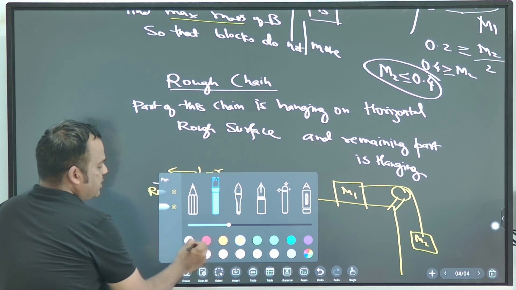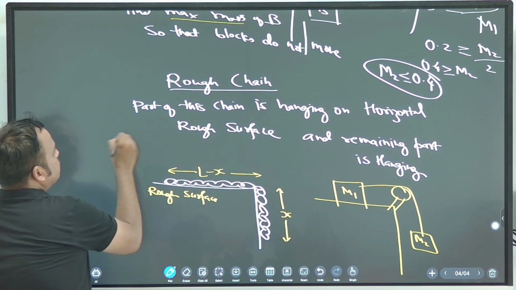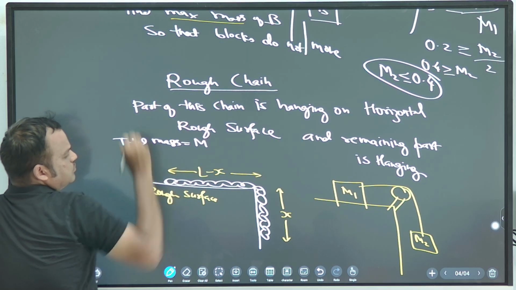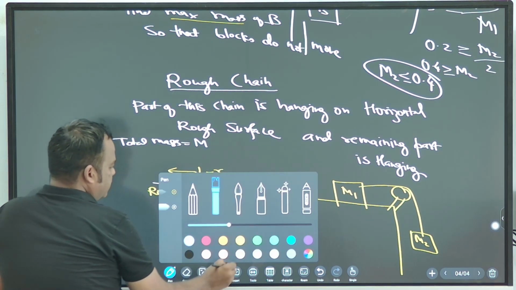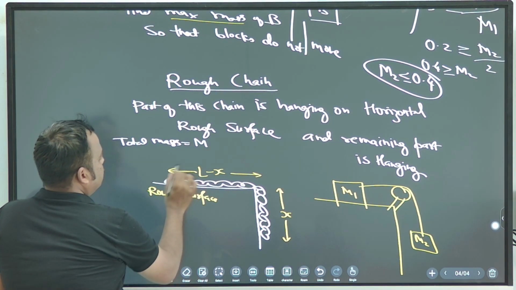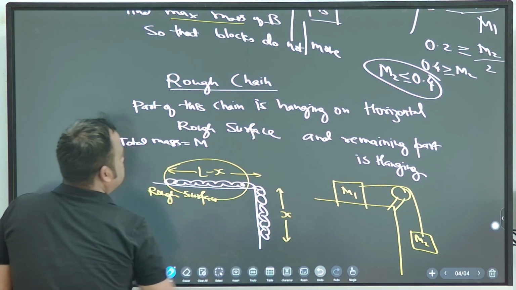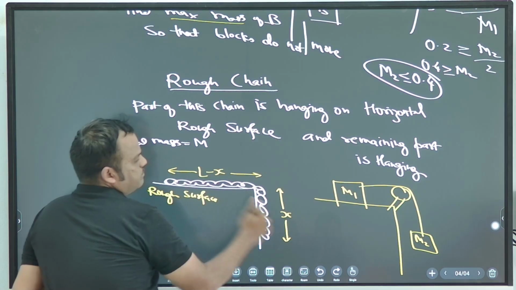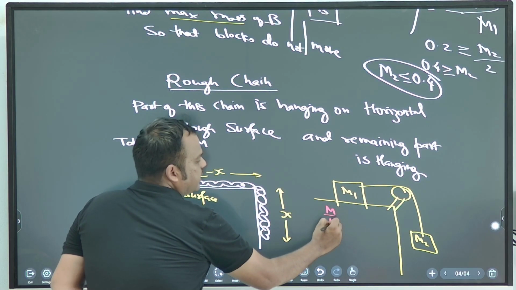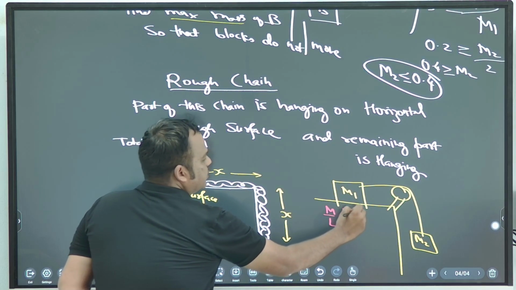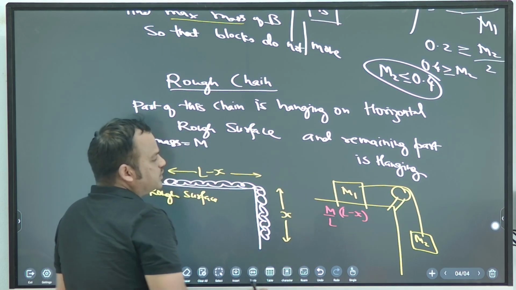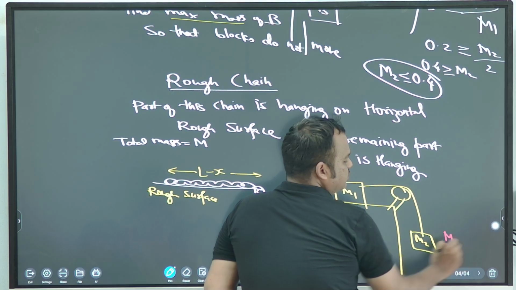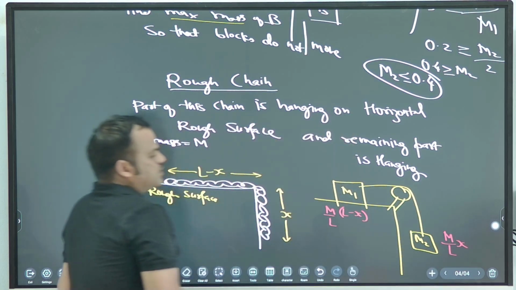Total mass, suppose, is M. So what is the mass of the resting part? M by L into L minus X. What is the mass of the hanging part? M by L into X.